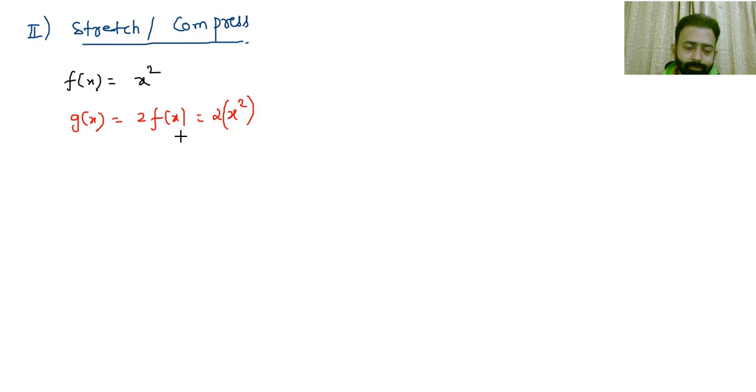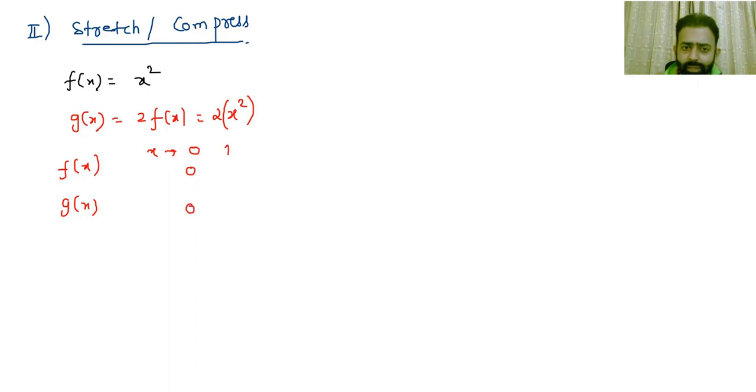Let us analyze. So I would write here f(x), and here I will write g(x). Here I will write the value of x. If x is, let us say, 0, the value of f(x) was 0 and g(x) was 0.